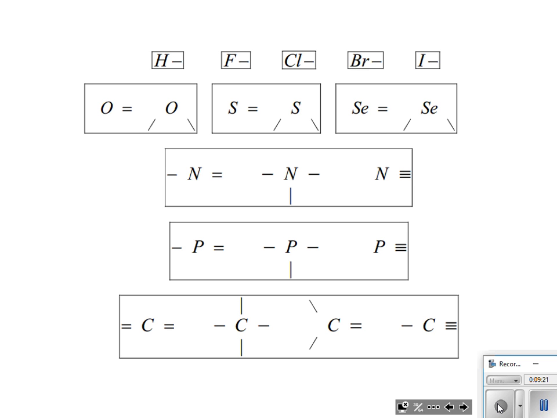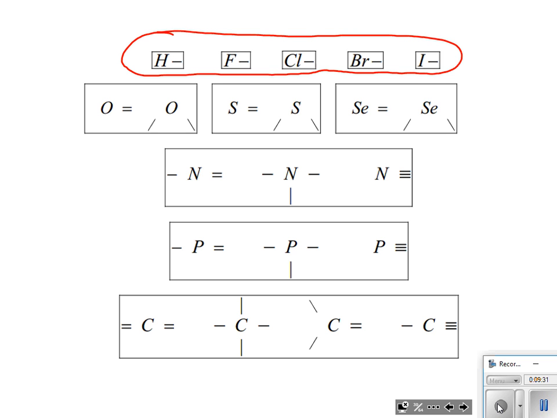This shows us that up at the top, these elements right here, other than hydrogen, are all halogens. But what is the similarity between all of those elements?